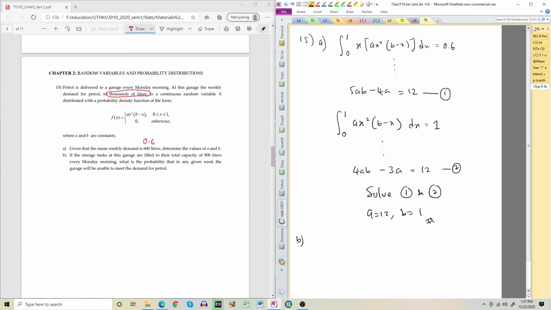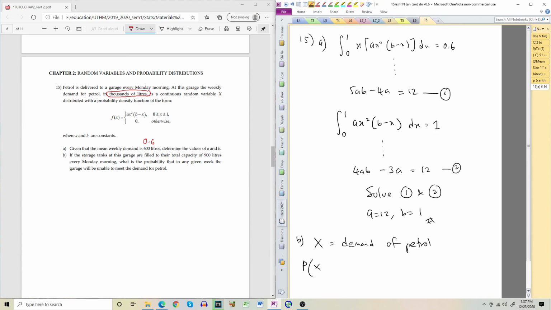Part B: if the storage tanks at this garage are filled to their total capacity of 900 liters every Monday morning, what is the probability that in any given week the garage will be unable to meet the demand? X is the demand of petrol, in thousands of liters.